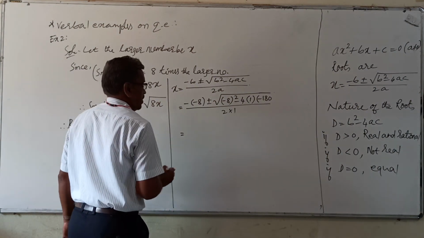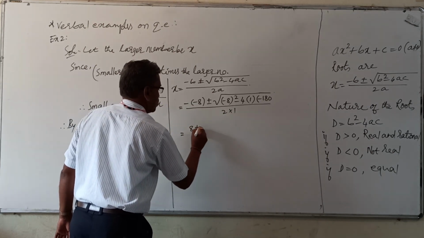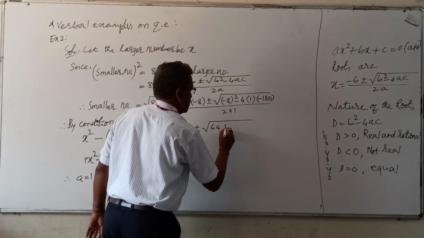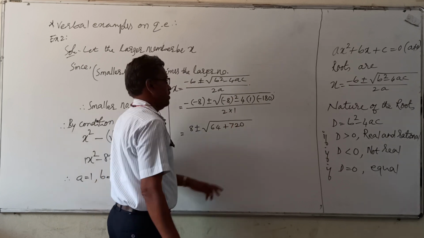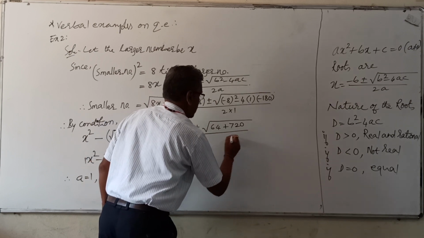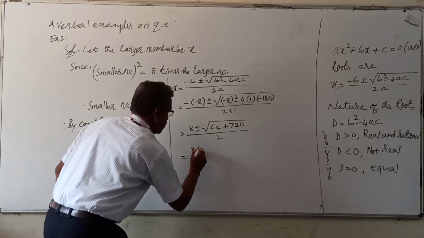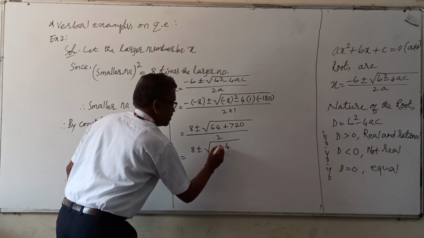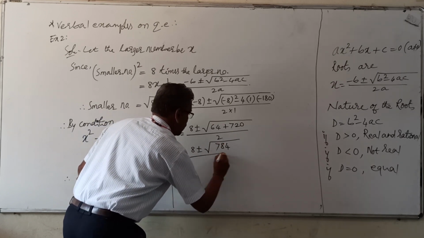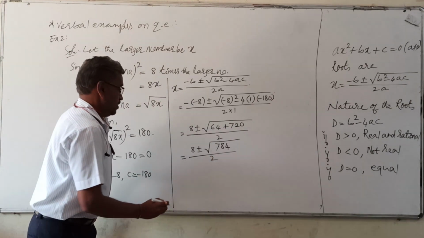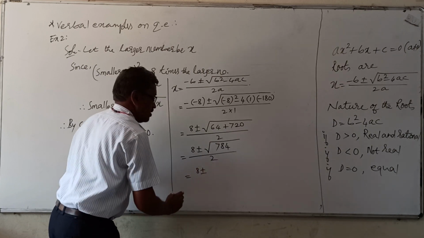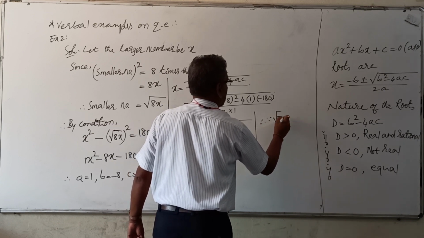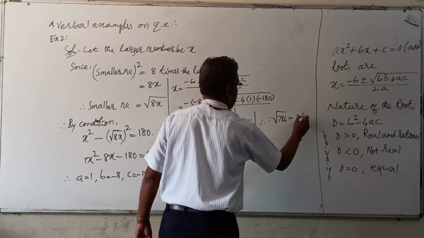Then simplification as usual. Minus into minus is plus, so 8 plus or minus square root of 8 square is 64, minus into minus plus 720, that is 784, divided by 2. The square root of 784, I think, is 28.